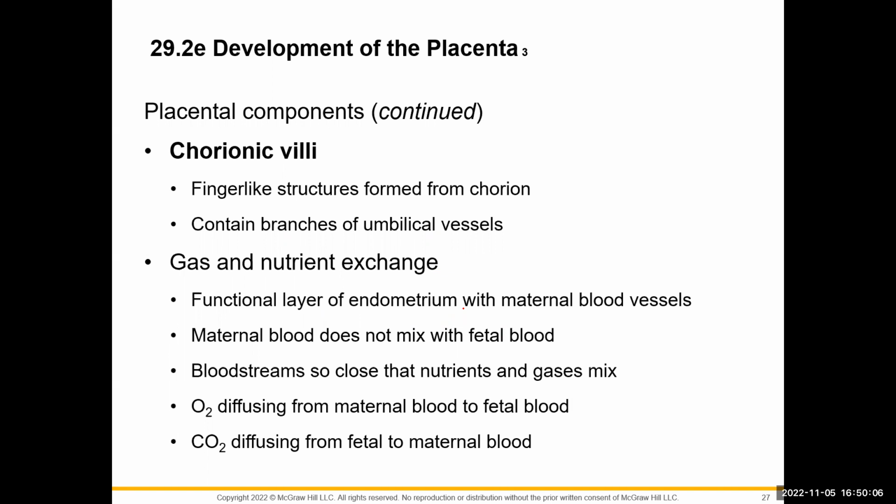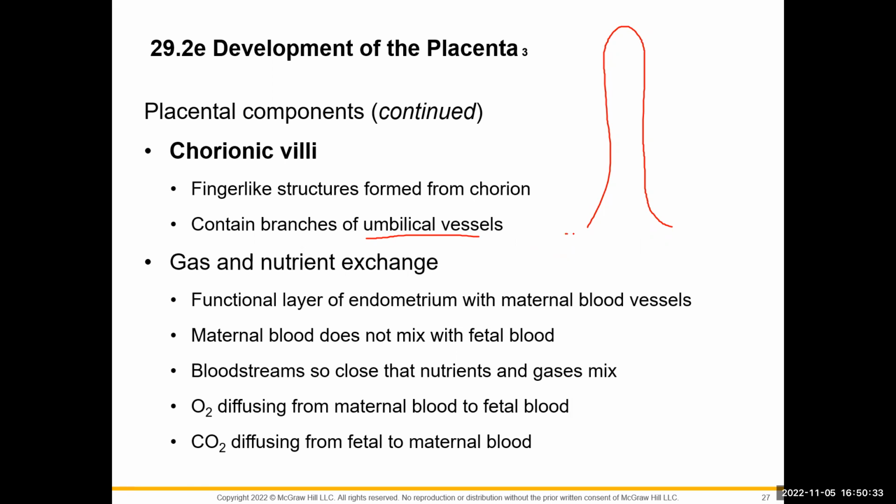So another important placental component is the chorionic villi. These things are cool. These chorionic villi are what we call finger-like structures. We're familiar with villi; we saw some villi, like the intestinal villi in the digestive tract. Similar to that, these finger-like structures are going to contain all these branches of the umbilical vessels here.